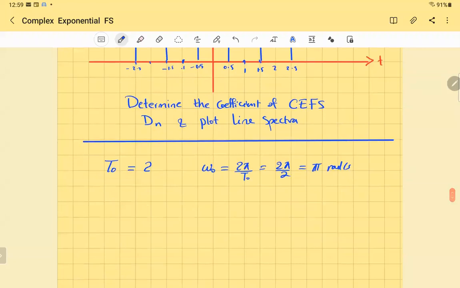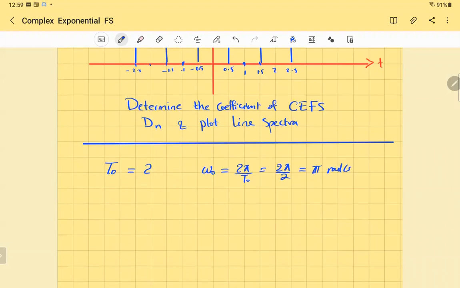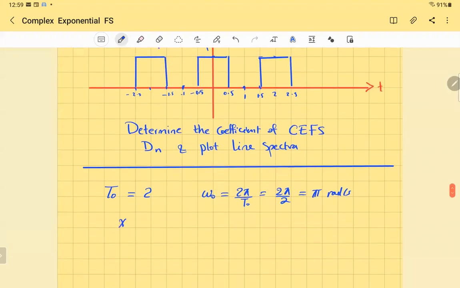Second, you should write the function, but we have an easy function. I will just define it like that. x of t, define it over one period. It looks to me it's even, all right? So I'll say it's from here to here.